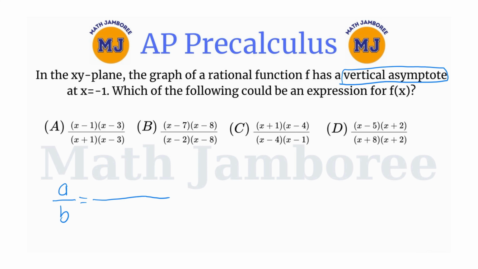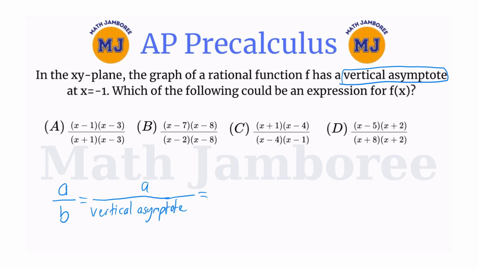The vertical asymptote is all about the denominator. To find any rational function's vertical asymptote, we are going to focus on its denominator. So we have nothing to do with the numerator.